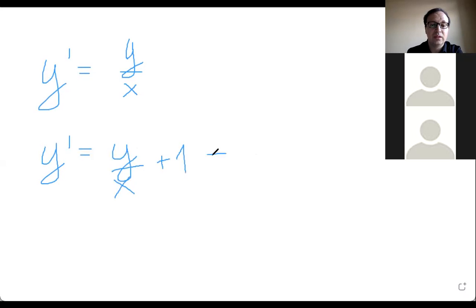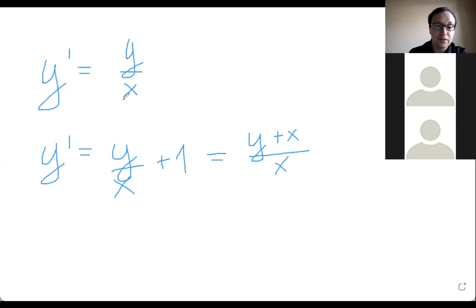But in any case, we can rewrite the right-hand side as (y plus x) over x. And now it is clear that this equation is of homogeneous type because y plus x is a homogeneous polynomial of degree 1, and x is a homogeneous monomial also of degree 1.